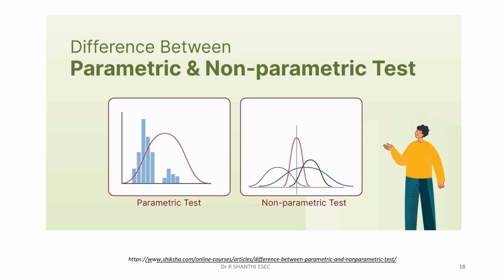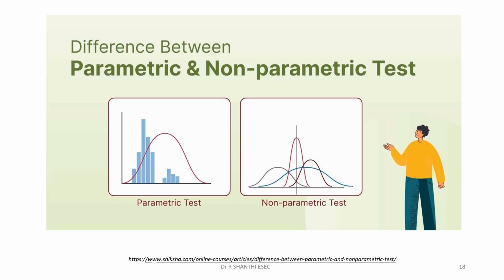Now non-parametric. Generally we will go for non-parametric when our data is not normally distributed and we are not aware of the population parameters. For example, in non-parametric we will go for Wilcoxon, we will go for KS test.